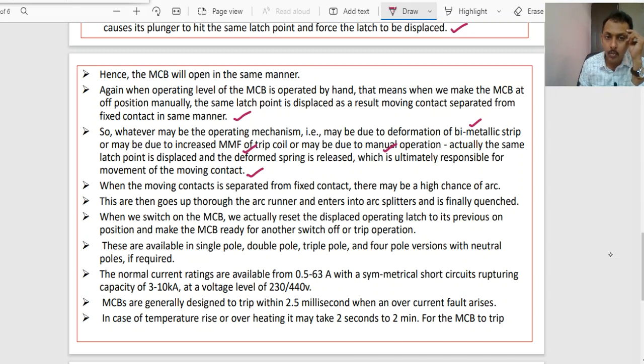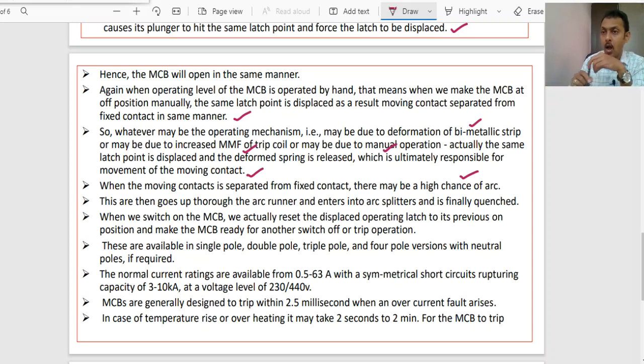When the moving contact is separated from the fixed contact, there will be a chance of a high arc being produced in between those two contacts. Now that arc is to be extinguished, or eliminated. Because of the sudden opening of the circuit, it will result in an arc between the contacts.